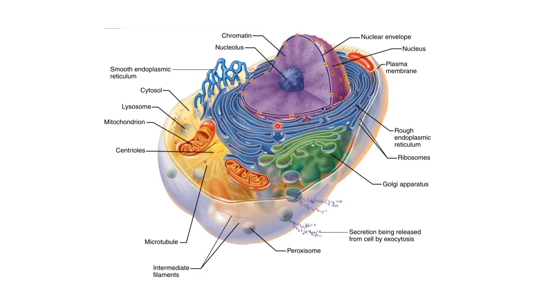So, kung mapapansin ninyo, isa siyang network, para siyang maze, which is studded with these red dots we call the ribosomes. So, the messenger RNA that is produced from the DNA here in the nucleus exits and interacts with the rough endoplasmic reticulum, in particular with the studs of ribosomes, itong mga pula. These ribosomes then use the messenger RNA to make proteins. So the ribosomes are protein-making machinery.